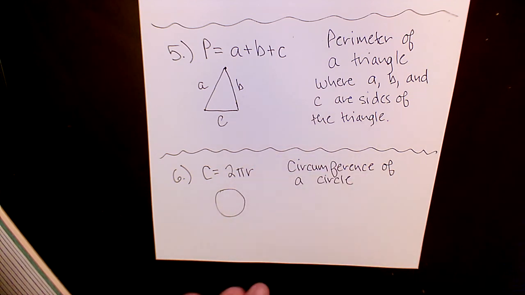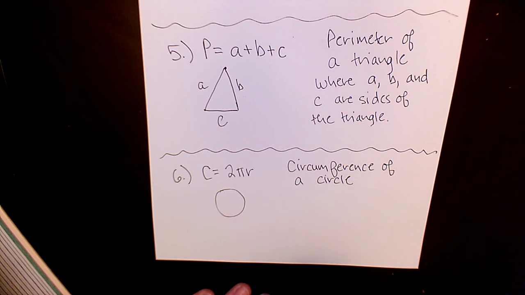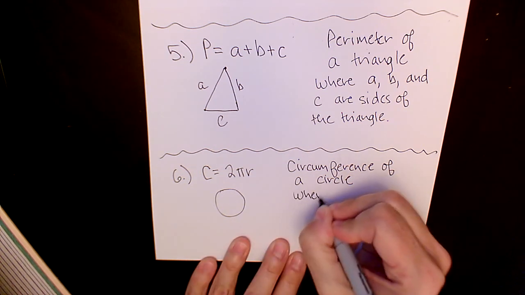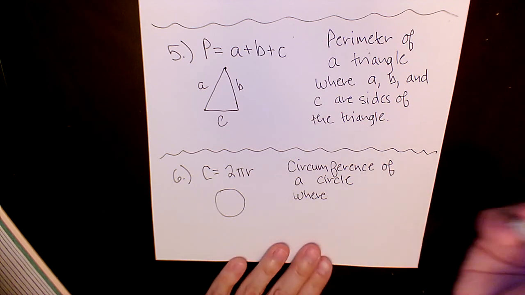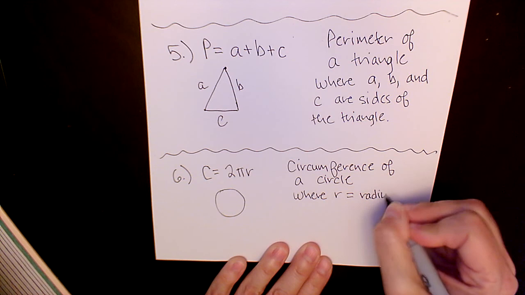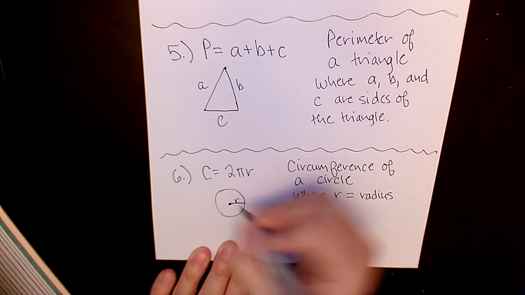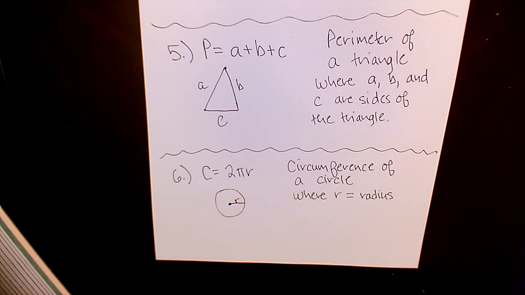You can find pi on your calculator, and it is also located in the formula box of your Hawks homework. And 2 is just 2. R means the radius, and the radius is from the middle of the circle to the outer edge of the circle.